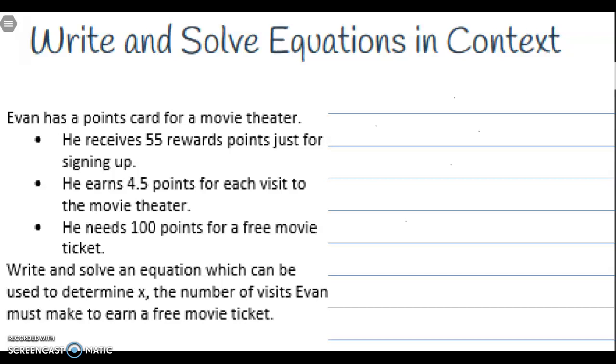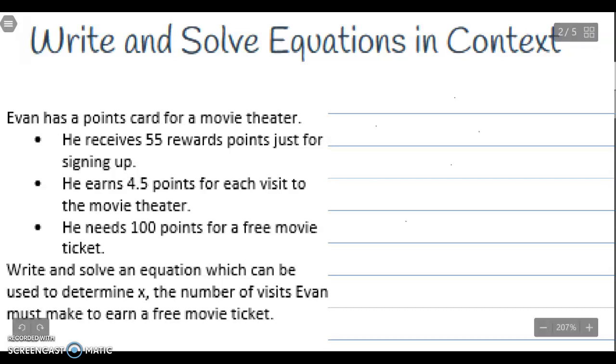Okay, so he starts off with 55 reward points, right? He's got to add two things together to get a total. So we need to figure out what those two things are and how they equal the total.